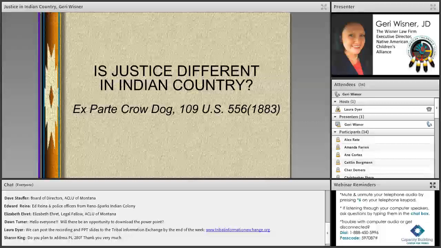Then, following the traditional law, Crow Dog took the place of Spotted Tail in his family. So he had to support Spotted Tail's wives, he had to support Spotted Tail's children, and any other obligations Spotted Tail had, Crow Dog had to take them on.